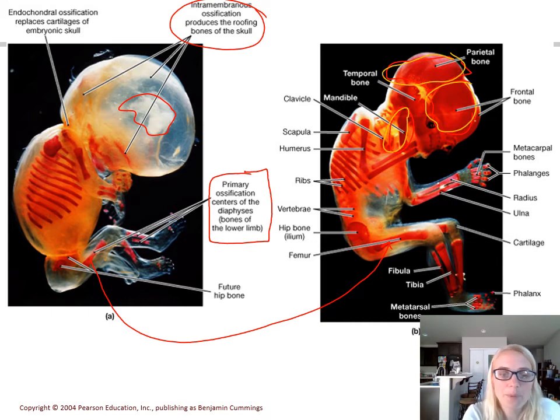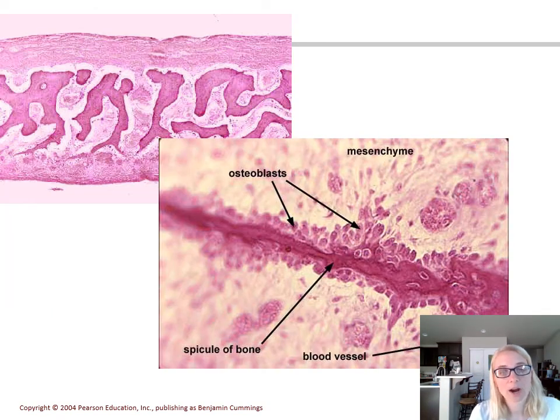So those are the flat bones that start off as these dermal tissues, just connective tissues. It's a pretty amazing process, your skeleton forming from either cartilage for your long bones or a dermal connective tissue for your flat bones. Here's a micrograph of that intramembranous ossification.